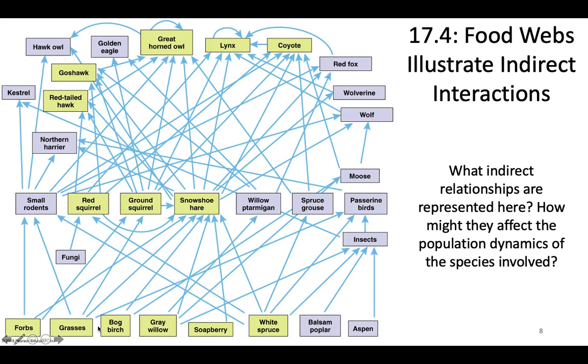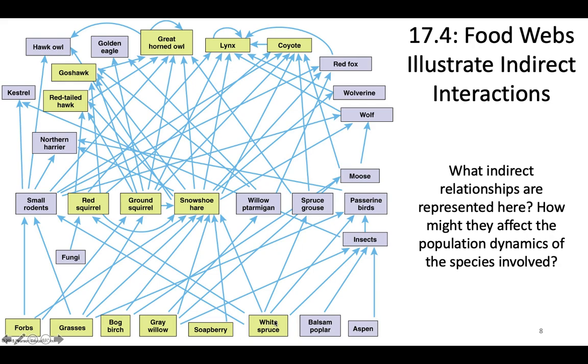These are all the indirect interactions, like plants with, maybe aspen with passerine birds, white spruce with moose, and those kinds of things, because there's an intermediate species in there. So if we think about a scenario where this indirect interaction might affect the other species, let's think about this.